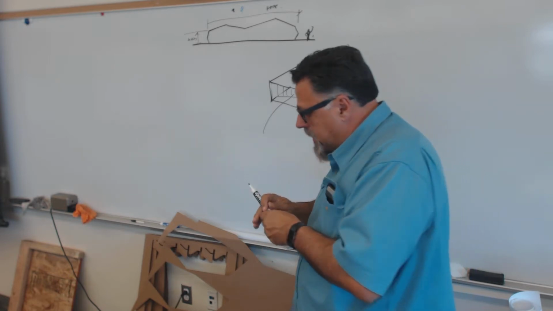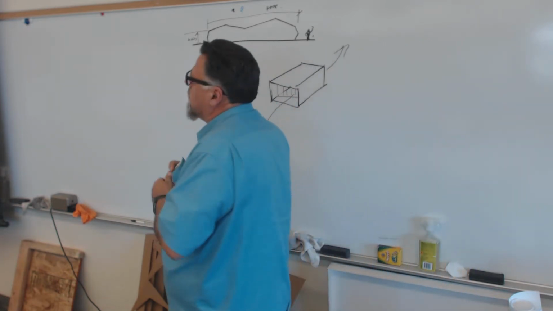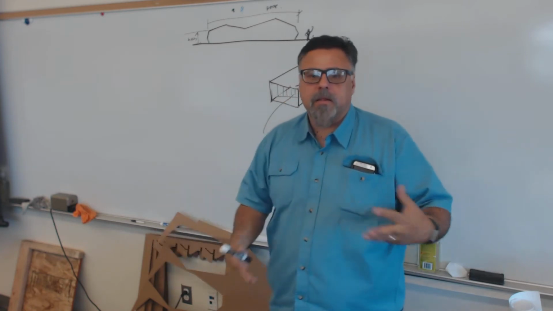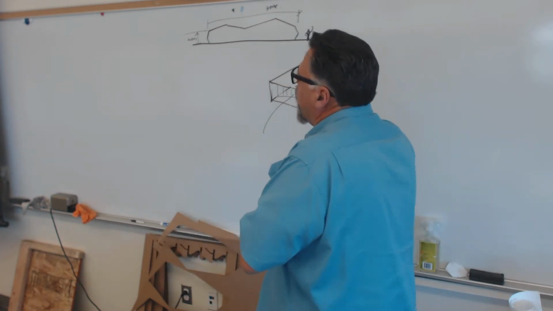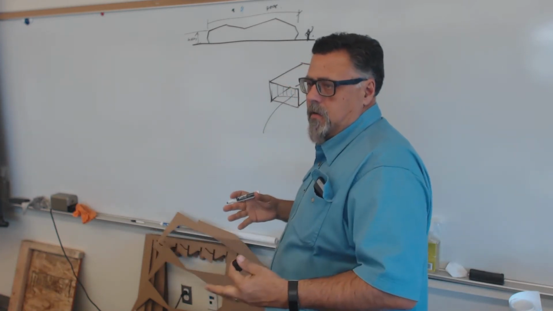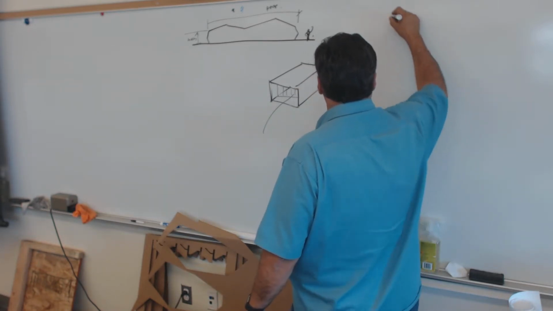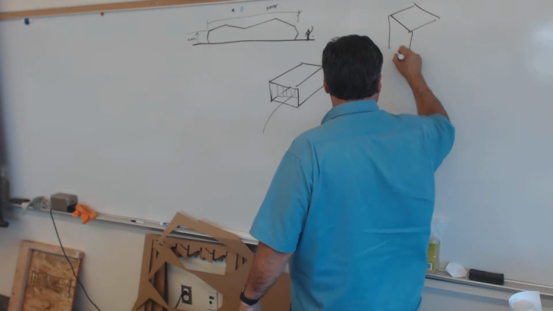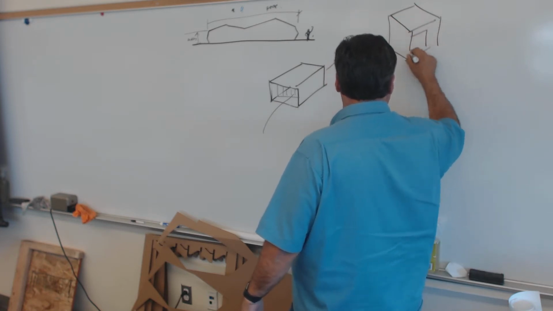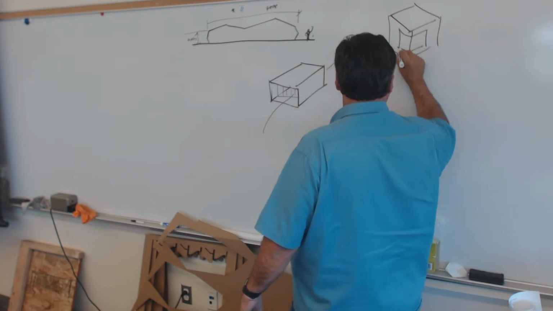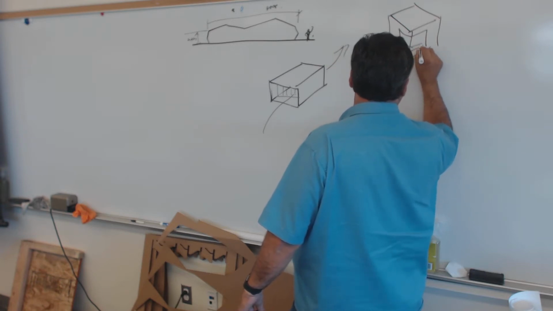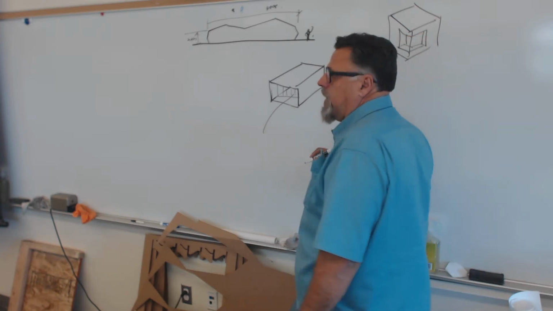Right? And one of the things that we try and teach you guys about the formal methods that we're teaching you is that the formal methods can be combined. So for example, in your first project, you work with a block, right? And you subtracted from that block to create windows and to create porches and stuff like that, right?